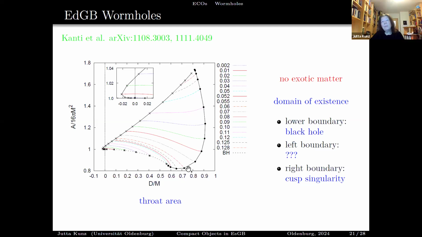On that boundary, we encounter a funny type of singularity, where all of a sudden some function is making a jump. So we call it a cusp singularity. Down here, we have black holes. So the black holes in that theory also are a boundary. And then there was this boundary on the right.